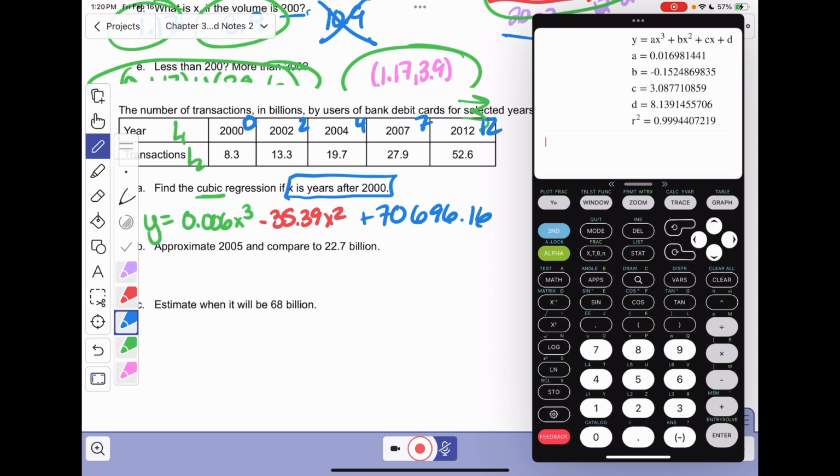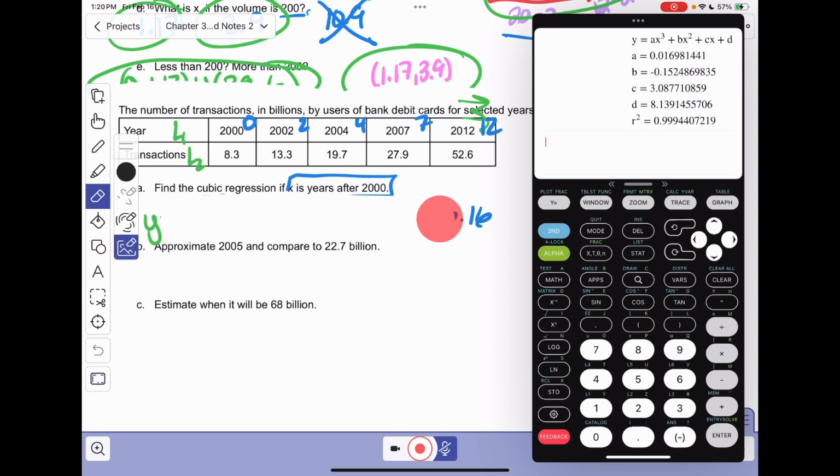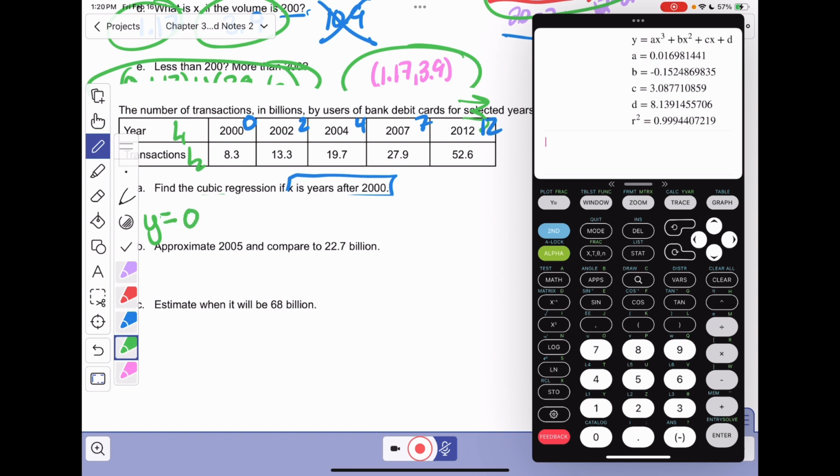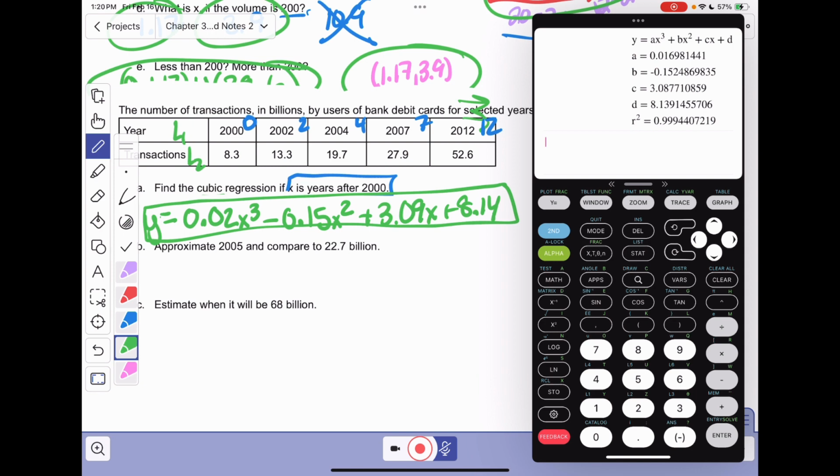Now that I've entered those, my equation is much prettier. So following directions is key: 0.02 x cubed minus 0.15 x squared plus 3.09 x plus 8.14. Following the directions of years after 2000, that is our equation.